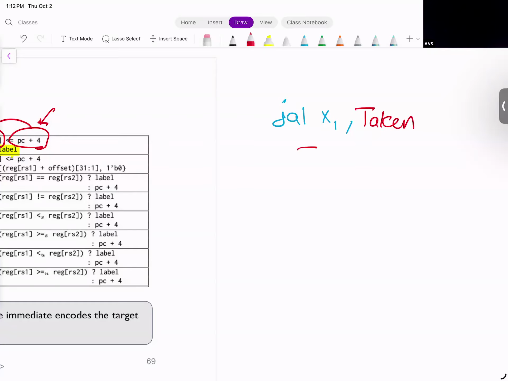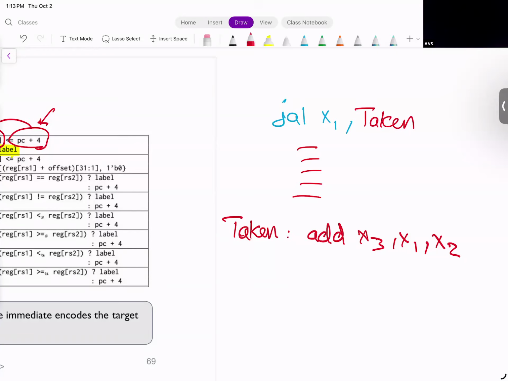If you write a program in assembly, you will see a flag like this. So it's taken, and then an instruction here, for example add x3, x2, x1, x2. And in between there might be many instructions, it doesn't matter. So what does this say?